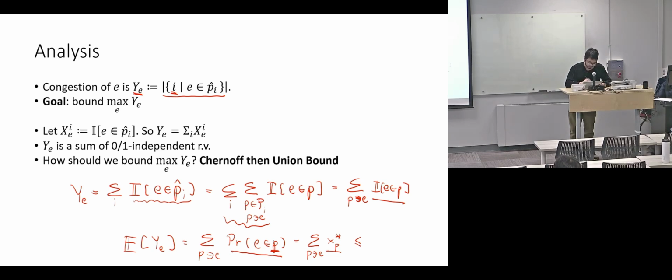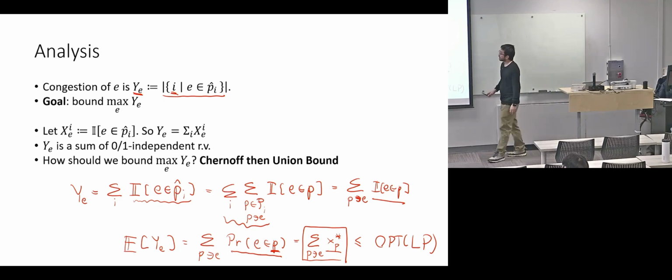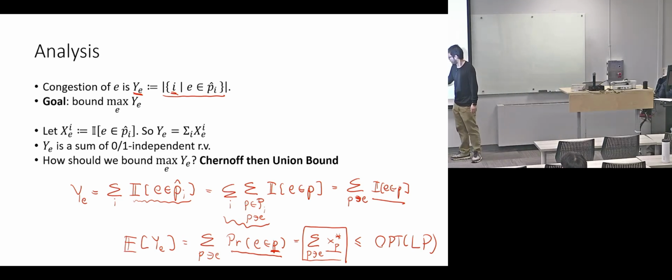So then this can be bounded by just the optimum of the LP, right? We know that for every edge, this is just the congestion of an edge in the LP, the fractional congestion.